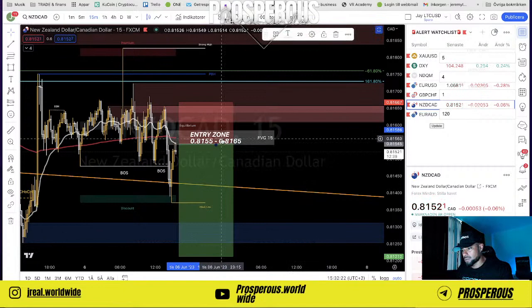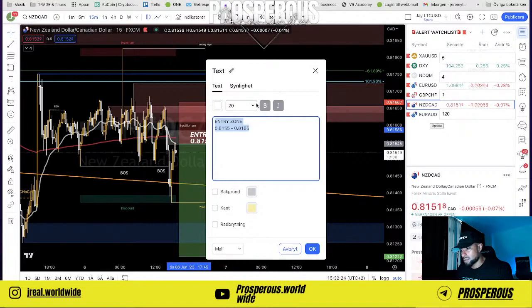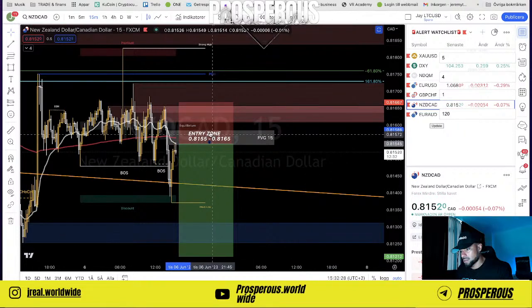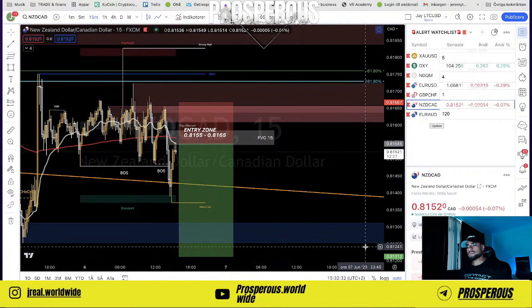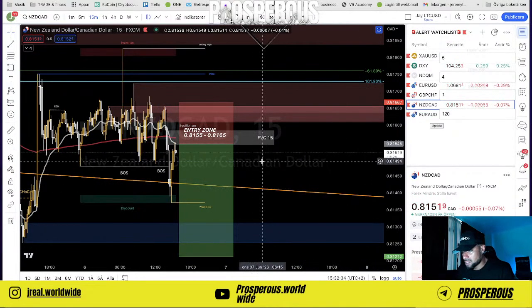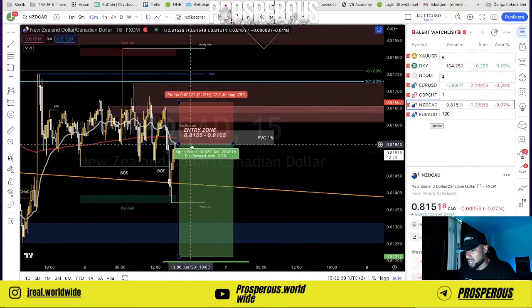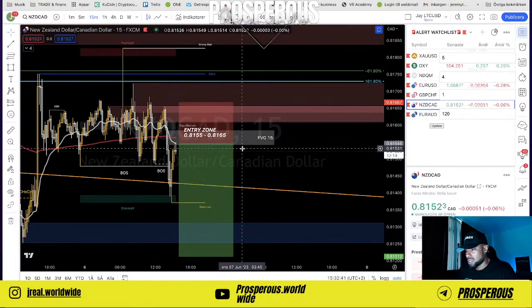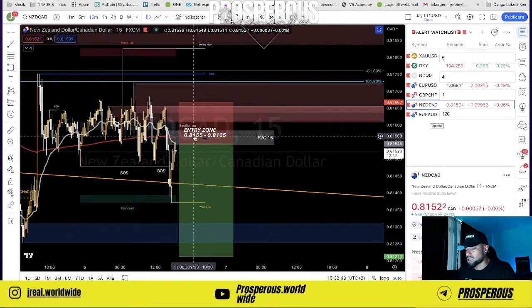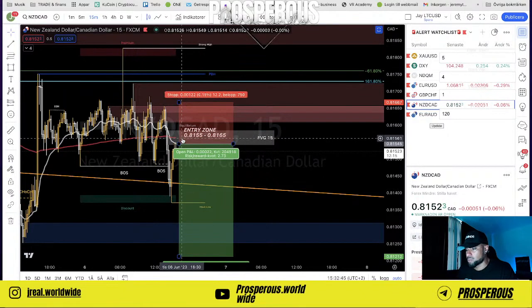That's the entry zone. I need to make this smaller, like that. So scaling piece by piece. You took your first positions now because we already tapped the entry point. And then if it goes up higher, then you scale in piece by piece.